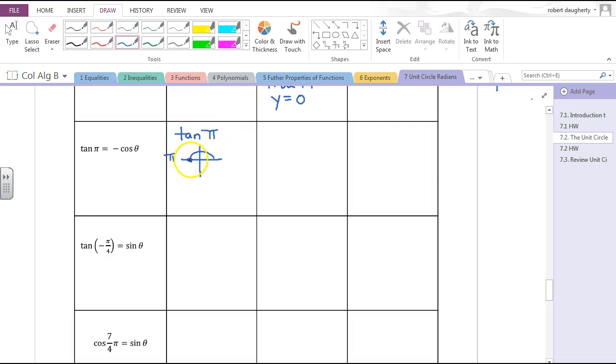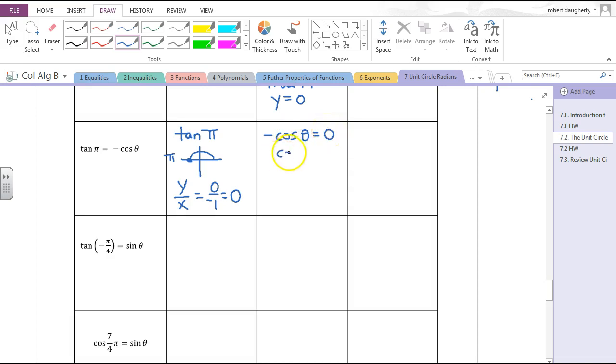I need to figure out at that point right there, what is y divided by x? Well, you know that your y-coordinate is 0. Your x-coordinate is -1, so this is just 0. Okay? So this problem turns into negative of cosine theta equals 0.